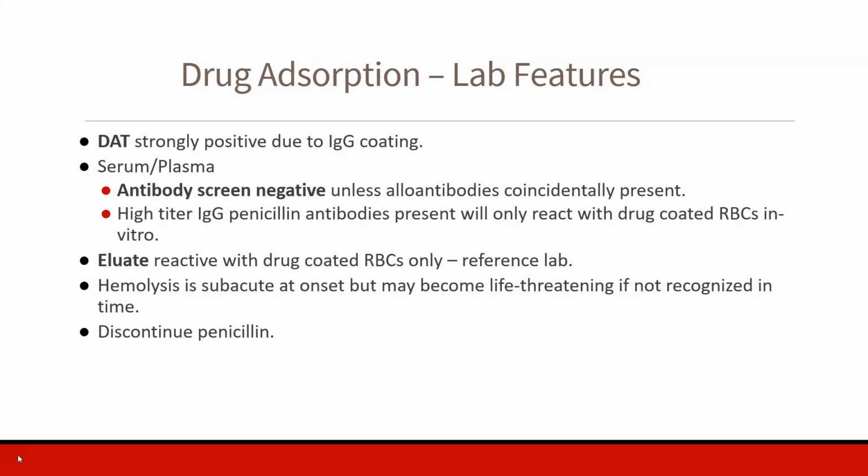And so this made me do a DAT, which was positive. The panel was negative, and the eluate was negative. And so I got the history. Patient was on penicillin. And so I'm assuming this is a case of drug adsorption, acute hemolytic anemia.